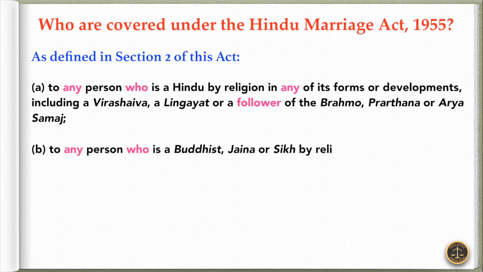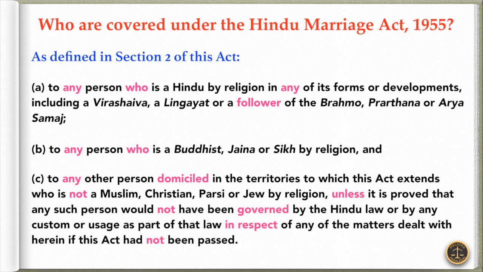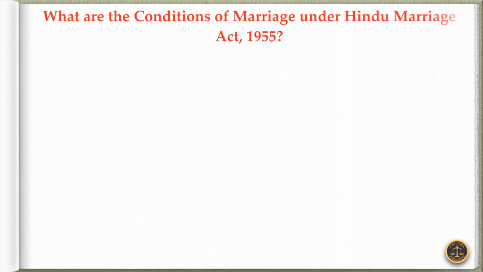To any person who is a Buddhist, Jaina or Sikh by religion, and to any other person domiciled in the territories to which this Act extends who is not a Muslim, Christian, Parsi or Jew by religion, unless it is proved that any such person would not have been governed by the Hindu law or by any custom or usage as part of that law in respect of any of the matters dealt with herein if this Act had not been passed.